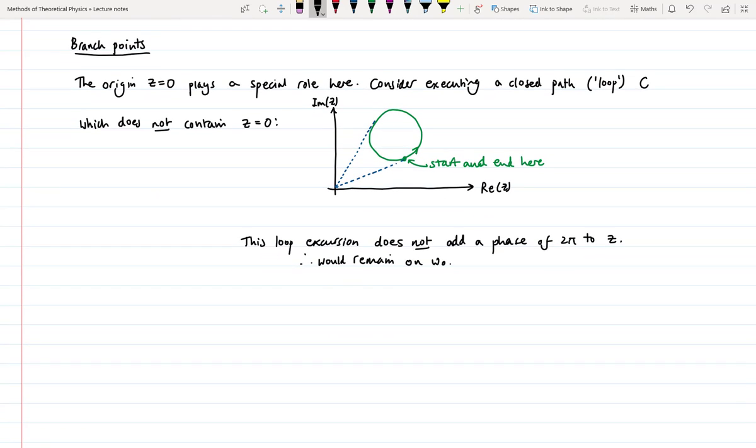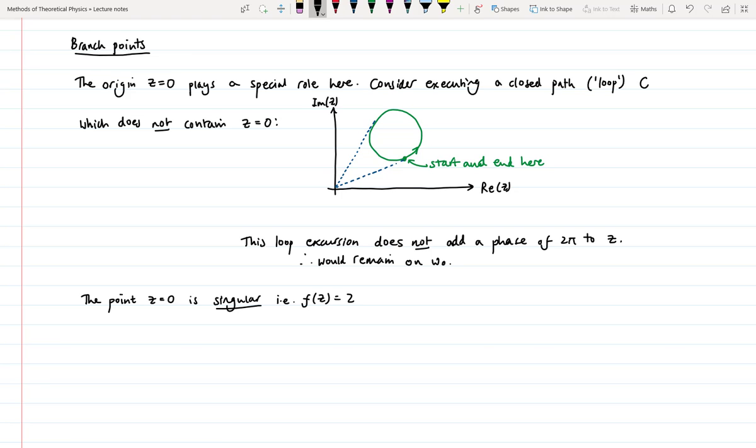Why is the origin special? Well, the point z equals 0 is singular, a notion that we encountered towards the end of the previous topic.